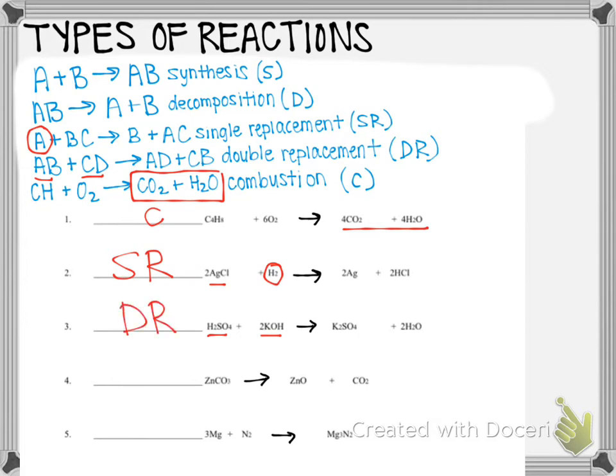Number 4, you start with something and you break it apart into 2 pieces. So if you're breaking something apart, it's going to be decomposition. And the last one, you start with 2 pieces and you make 1 product. And so you're building it, or synthesizing it, so it's synthesis. So those are your 5 types.